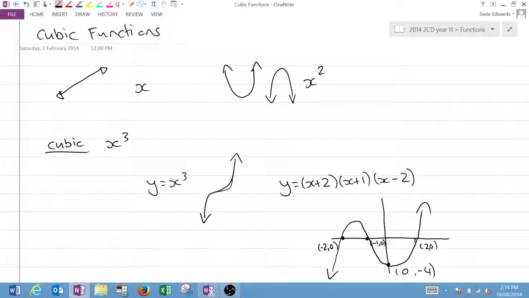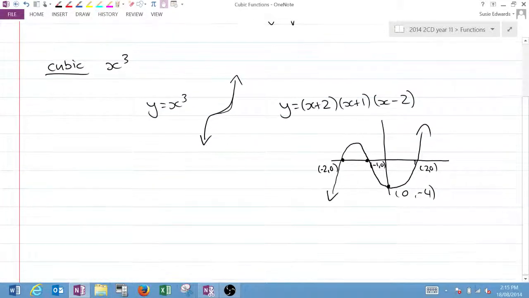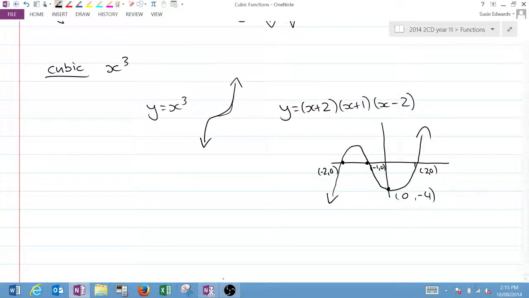So a cubic can be the first one, where there's no specific turning point, it just goes into a flat plane and then goes back up sharply again. Or it can have two turning points. So it can have no turning point, or it could have two turning points.